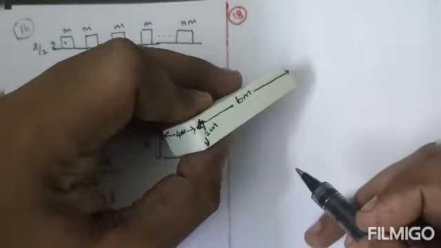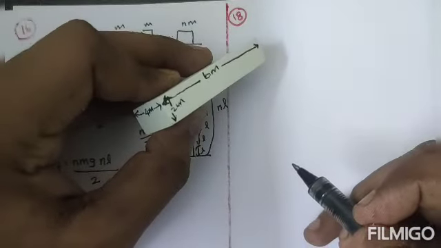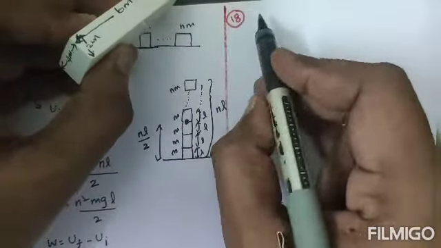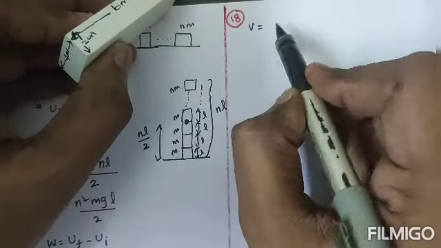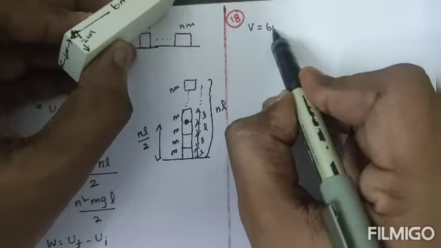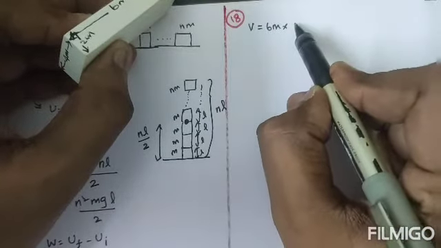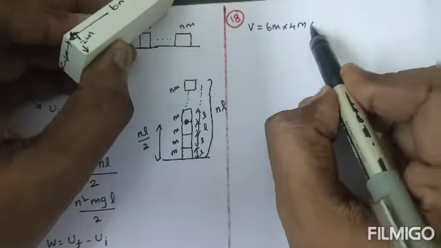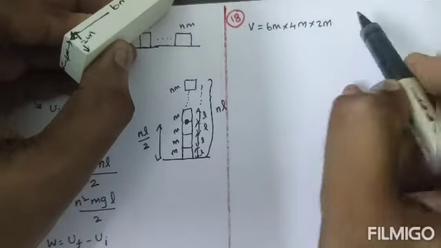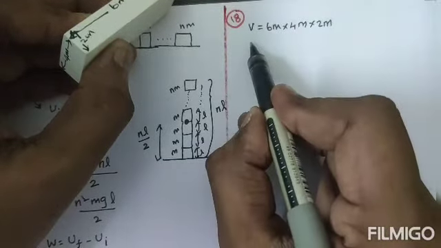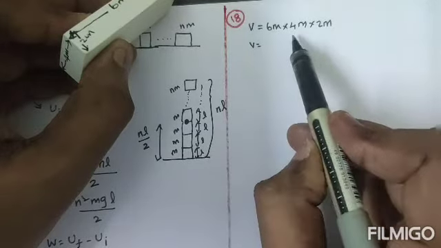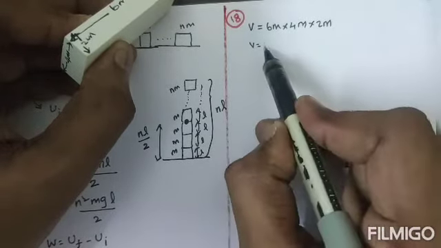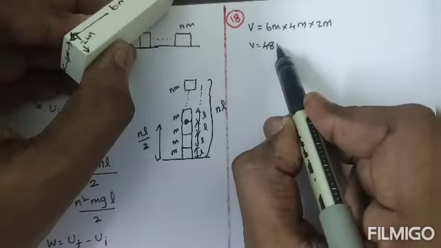Now I'll read the question. Its density is given. The volume is length into breadth into height, that is 6 meter into 4 meter into 2 meter, which is 48 meter cube.